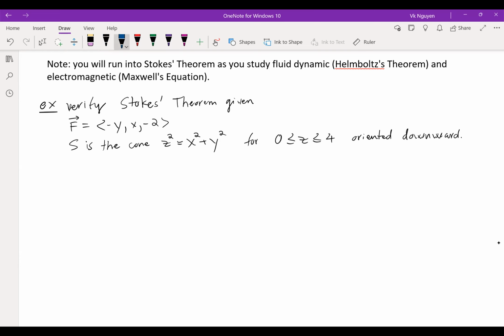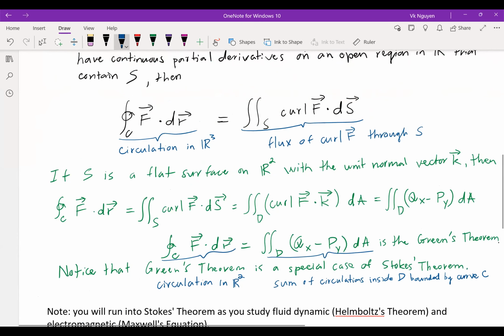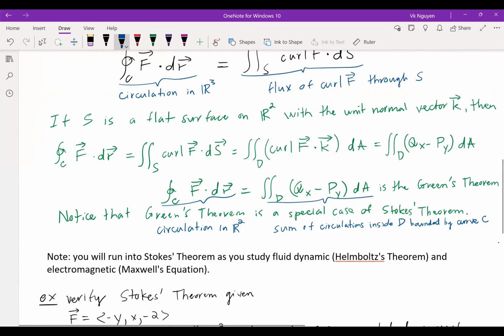So here comes step 1. Just two steps here. Compute the left side, the circulation in R3.